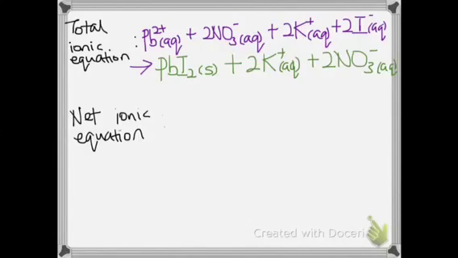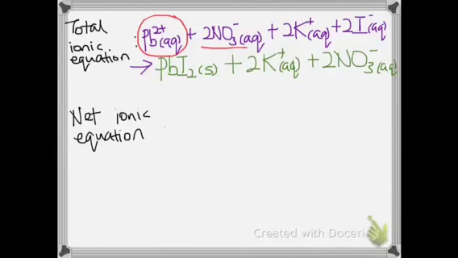Firstly, let's look at lead. Pb2+ appears in the reactants highlighted in purple, but does not appear as Pb2+ in the products highlighted in green. Therefore, it is not a spectator ion.